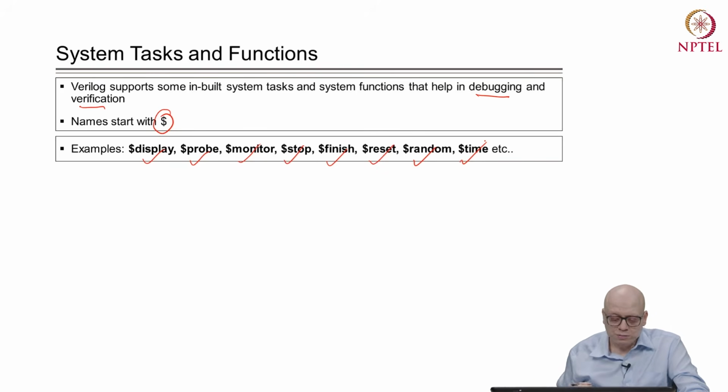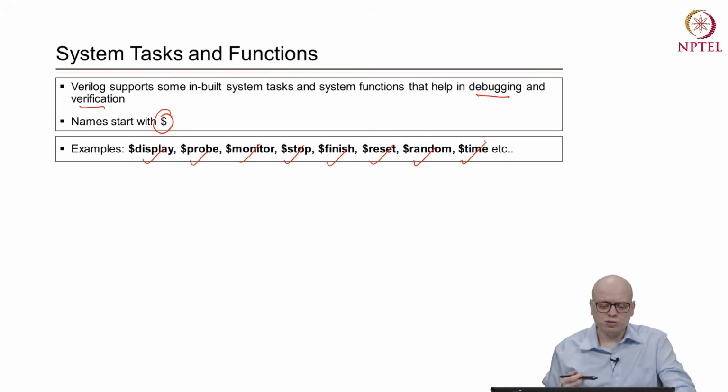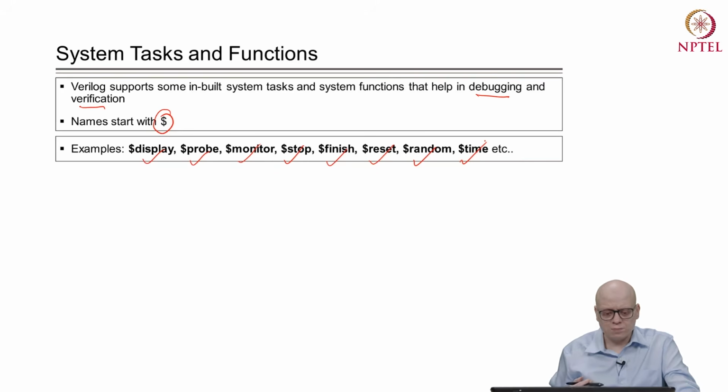So, these are some of the useful system tasks and functions, and their names are most of the time self-explanatory, but you should go through the manuals to understand more deeply how these system tasks and functions behave or work.